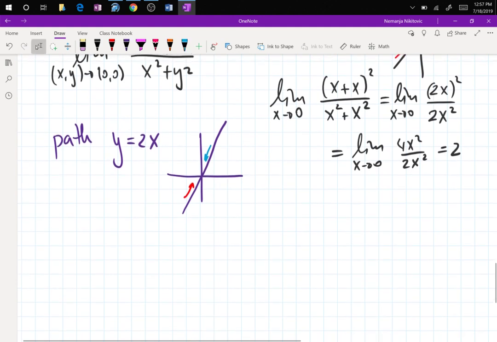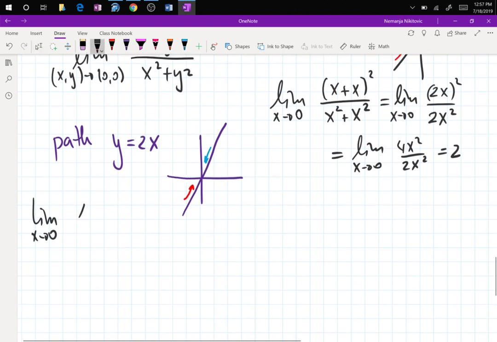Okay, so now every one of your y's needs to be replaced by 2x. So this becomes the limit as x goes to 0 of (x plus 2x) squared, divided by x squared plus (2x) squared.